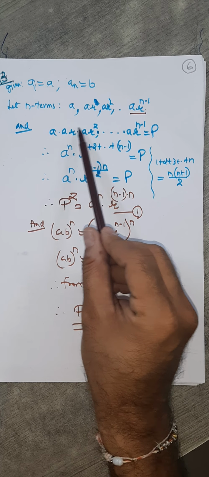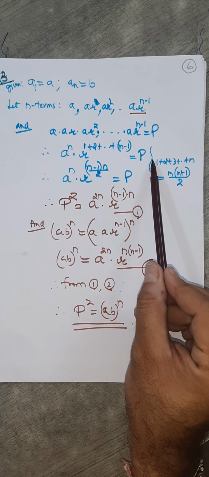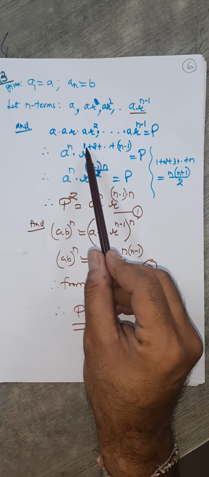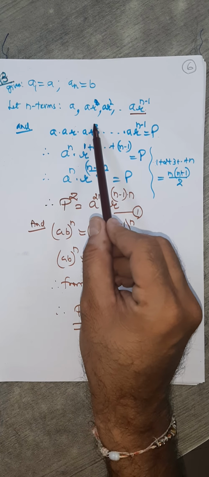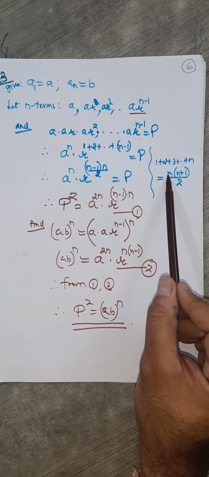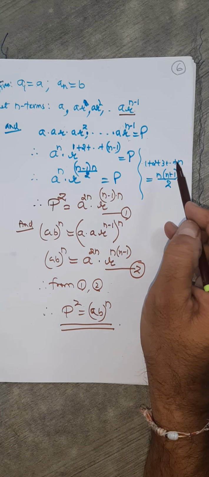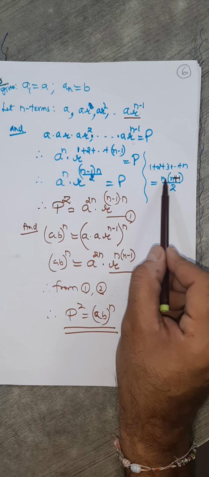Here we are just adding components, 1 plus 2 plus 3 up to n minus 1, for which you use this formula. We have just added these powers because the bases are the same. Now what is this? That is just this formula, n into n plus 1 by 2, where we have just placed n minus 1 in place of n.